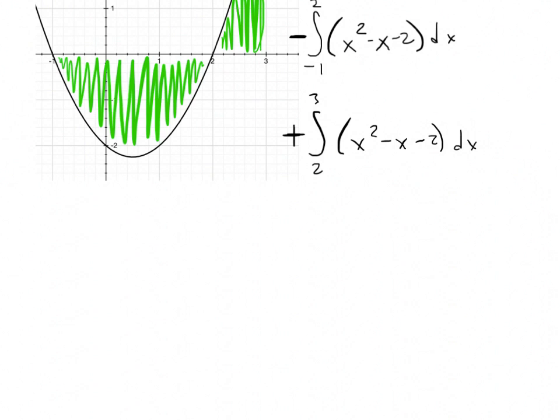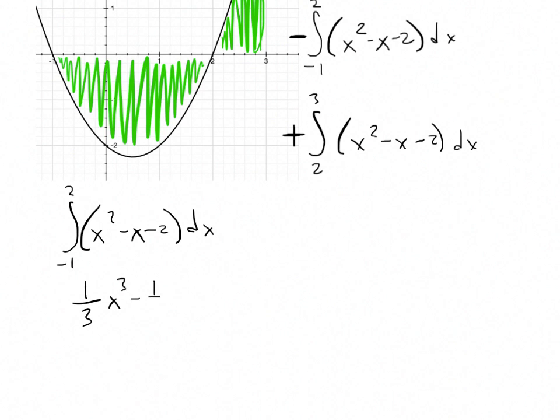So pause the video, work through those, at least work through the first one and see whether you get the right answer. So let's hear that first integral. We said it was -1 to 2 of x squared minus x minus 2. So that'll be 1/3 x cubed minus 1/2 x squared minus 2x. You may have noticed that I got rid of the negative that was on the front of it. I'm just going to remember to do it later.